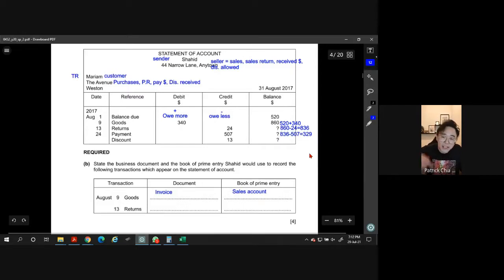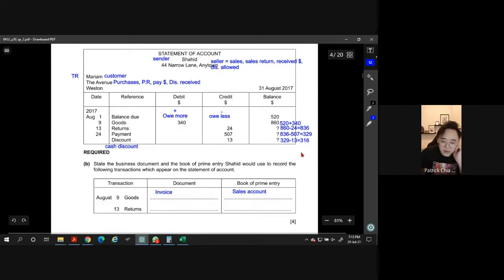Okay, then minus another discount some more. So this discount, what discount is this? This is known as cash discount. And this is a discount allowed we give to Mariam. So minus another 13. So 329 minus 13. Then your final answer will be 313. Okay, 316, sorry.